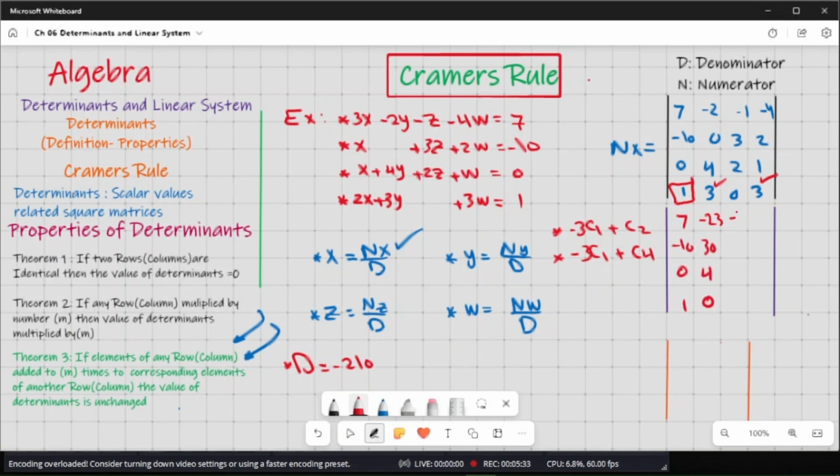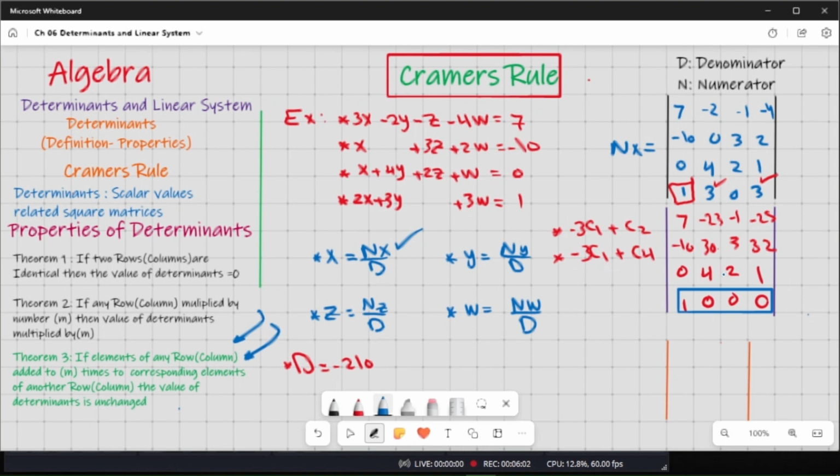Here no need for any operation, 0. Multiplied 7 by negative 3, then add to negative 4, we have negative 25. Multiplied negative 10 by negative 3, then add to 2, we have 32. Multiplied 0, we have 1. Multiplied, we have 0. So we have obtained our row.